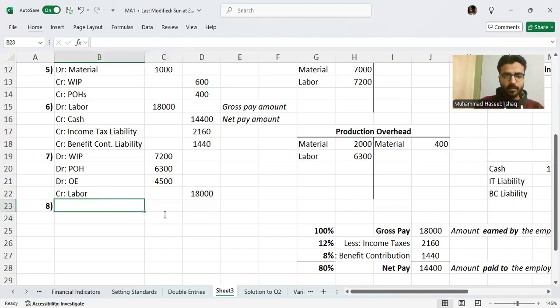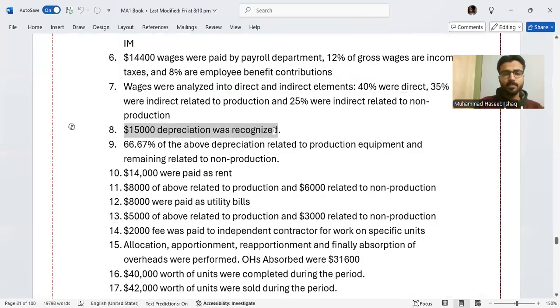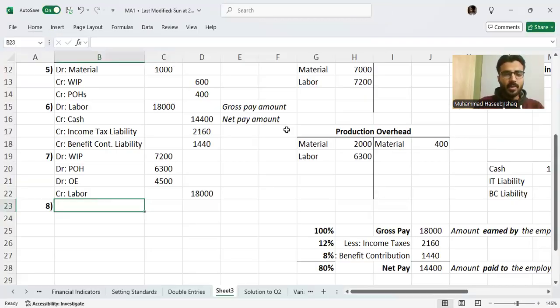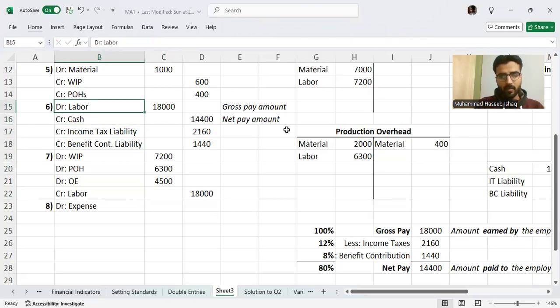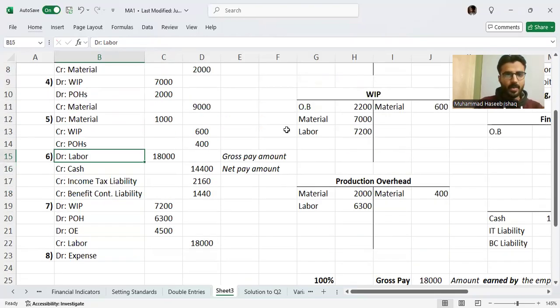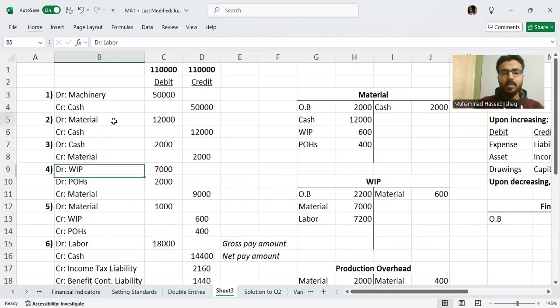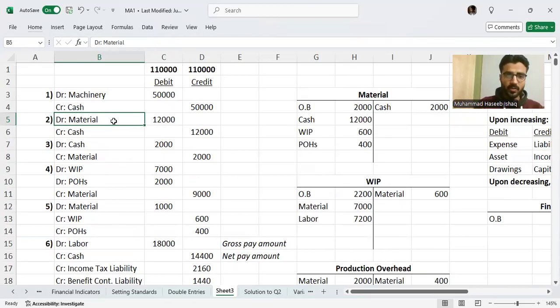So eighth transaction. How do we record it? We will just debit an expense account, like we debited the labor account for the cost related to employees, and we debited the material or purchases account when we were entering the cost related to materials used in production.